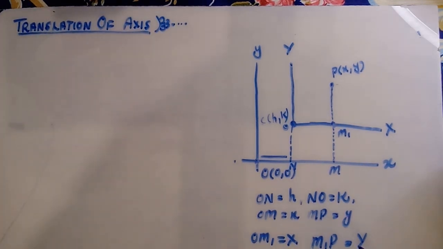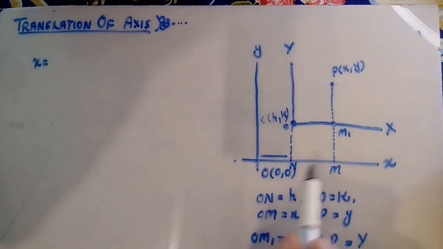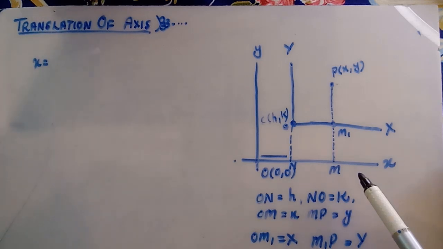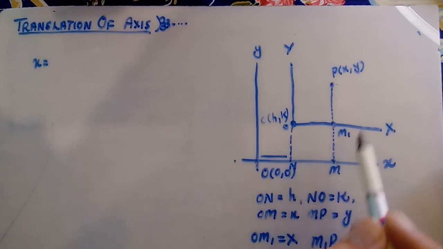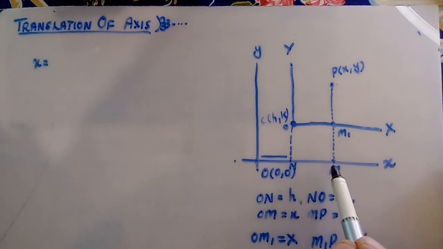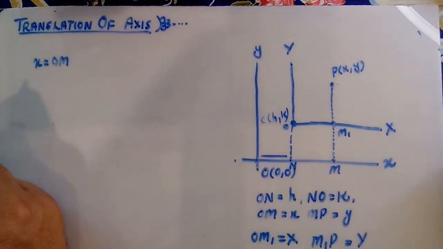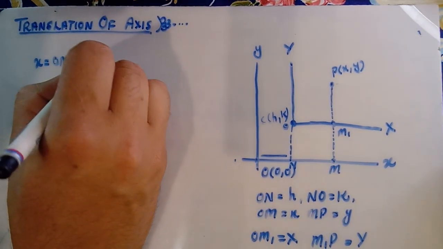Now through the old rectangular coordinate axis, we will observe that x will be equal to OM, from O to M. This is x, because x, y are the coordinates of point P. So OM is the x of the old coordinate system, and it is equal to ON plus NM according to the new coordinate system.